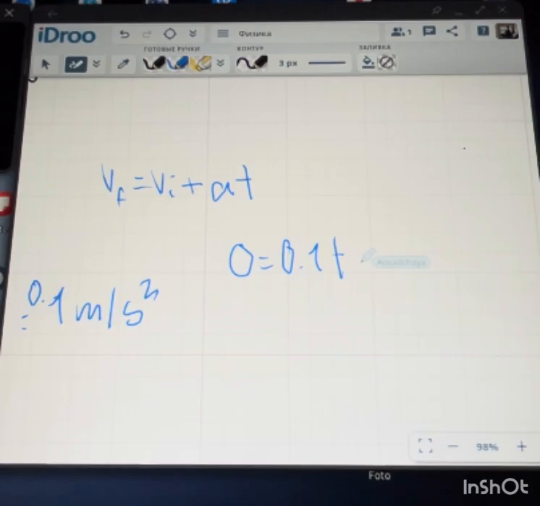Exactly. So it's wrong. Why is it wrong? Because the engine force is just too strong to stop. It's never going to stop.